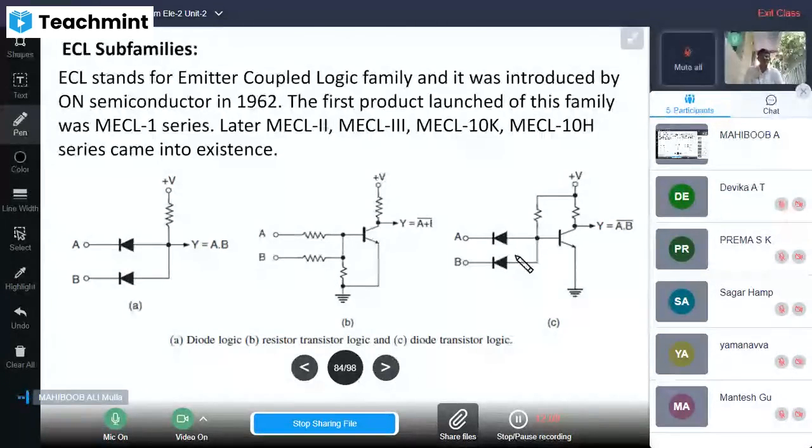So here the technology is diode transistor logic, DTL. Resistors are only a few and never take part. That is why it is called DTL, diode transistor logic. The output is (A dot B) whole complement. That is a NAND gate.